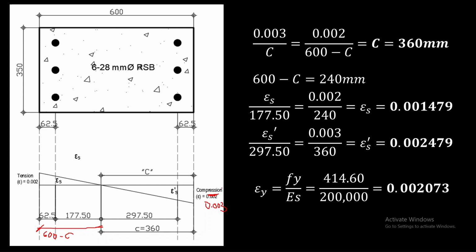So the strain that we're going to compare with the given strain for tension reinforcement and compression reinforcement is 0.002073. So this is the value that we're going to compare with in order for us to identify if the tension reinforcement will yield and compression steel reinforcement will yield or not.